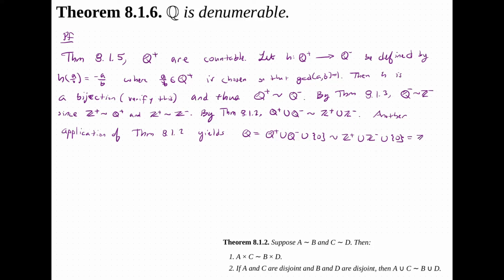But this is just the integers. And so we get that the rational numbers are equinumerous to the integers. Which shows that Q is denumerable. And we're done. We have now concluded the proof.